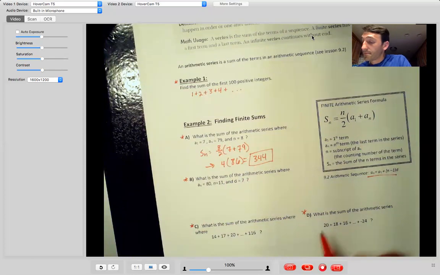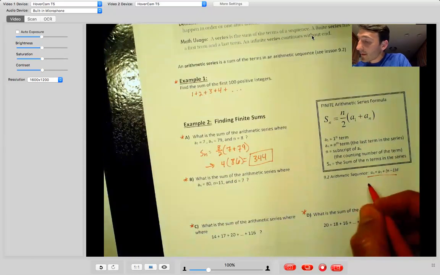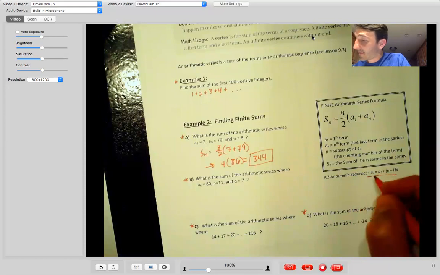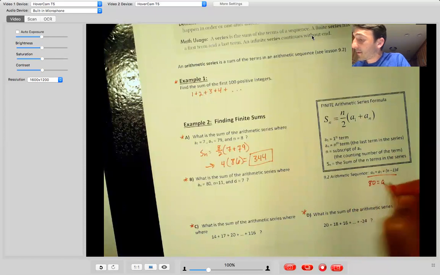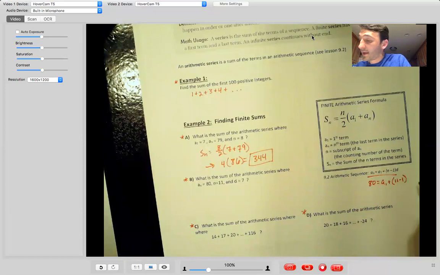So a sub n here would be 80, which equals a sub 1, which we don't know, plus n minus 1, so that's 11 minus 1, times d, which is 7.